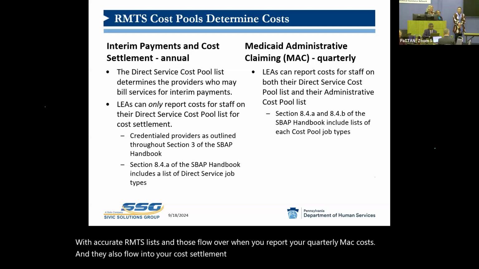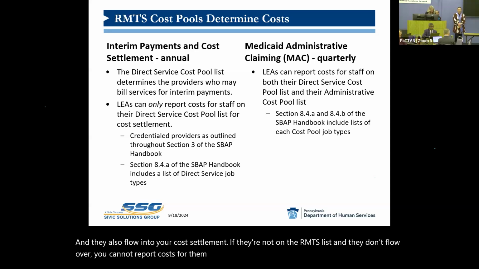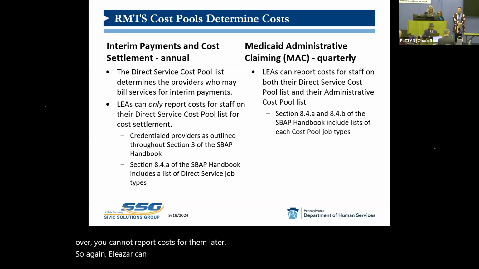If they're not on the RMTS list and they don't flow over, you cannot report costs for them later. So again, LEAs can only report costs for those direct service staff on their direct service staff cost pool list.